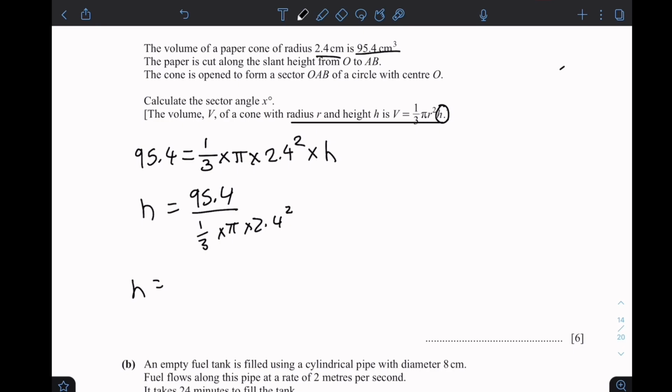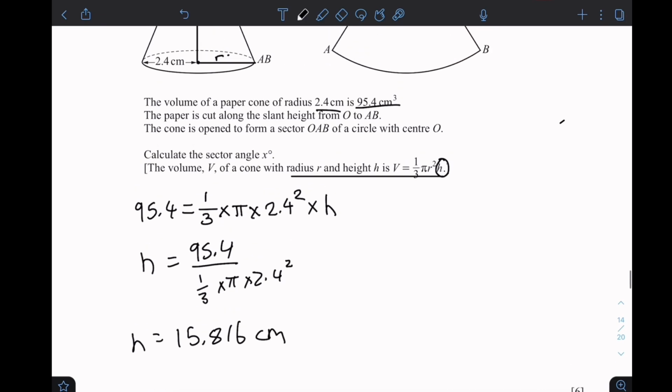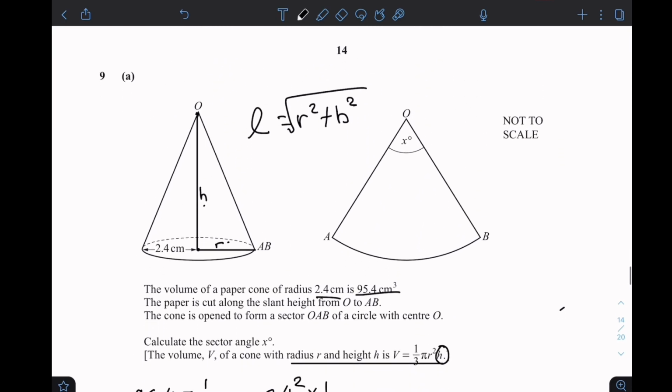So you have 95.4 divided by that, which is 15.816 centimeters. Okay, so now we got the height, so we can calculate the slant height.